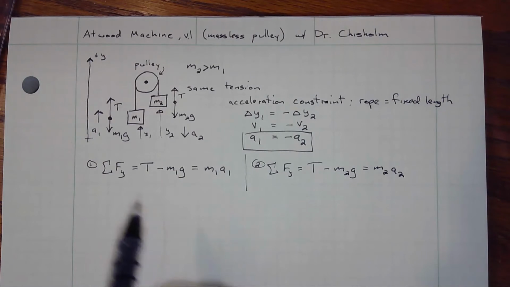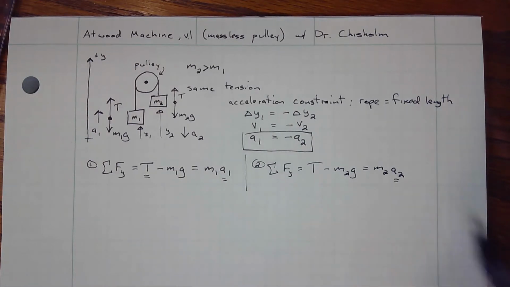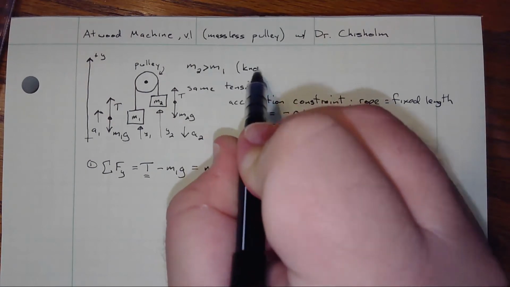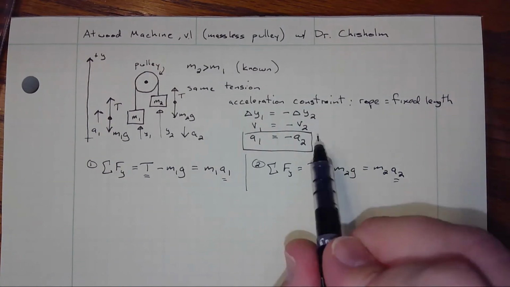Our tension is unknown, our acceleration a1 is unknown, and our acceleration a2 is unknown. We're assuming that the masses, with M2 greater than M1, are known. If we had values, we could just plug those in. But we have these two equations plus our third constraint equation.